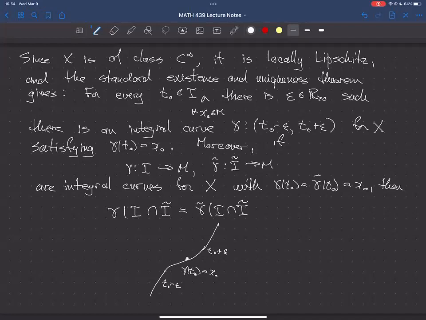You can solve that by separating x and t and integrating directly. What you will see is that if you solve it with, say, x of t naught equals x naught, there will be some time, possibly in forward time, possibly from the past, where the solution blows up to infinity. So you can always extend these integral curves, but you may not be able to extend them to the entire real line.